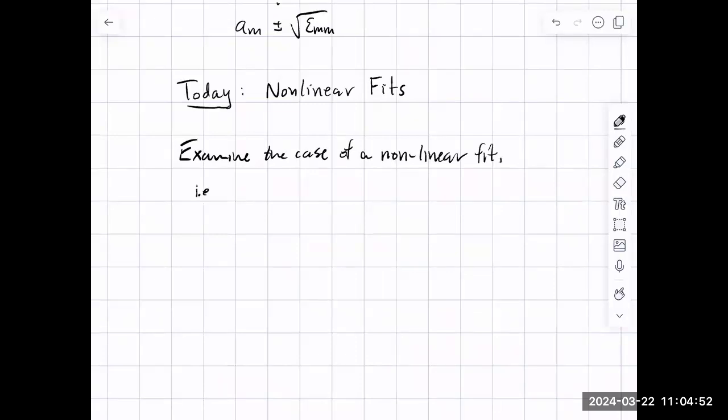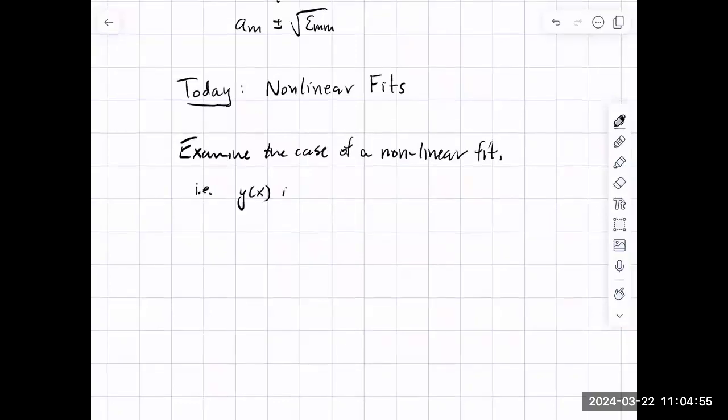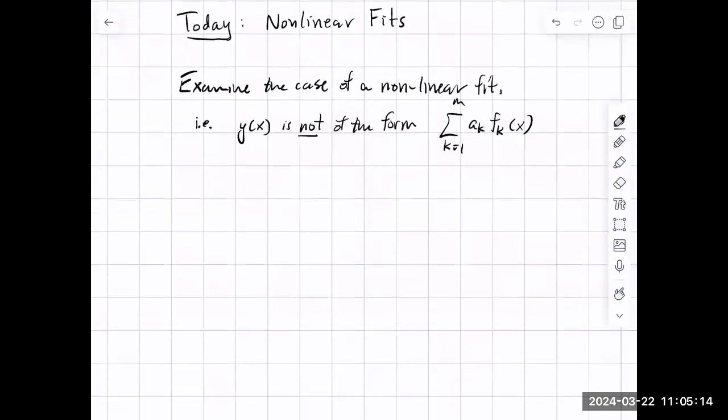So what we're going to have is y of x is not of the form a_k times f_k of x. All right. So what we'll do is make ourselves a table. The example that we'll consider is y of x equal to a1 times sine of a2 times x. So that's a nonlinear function.